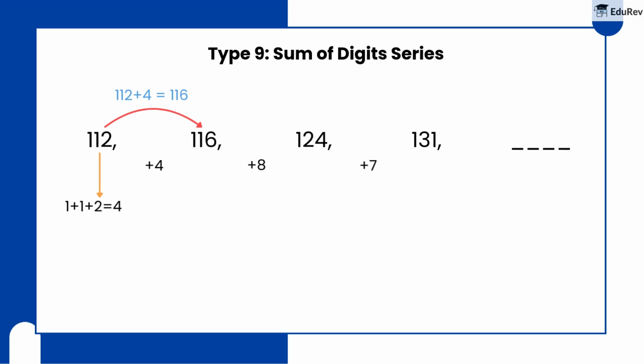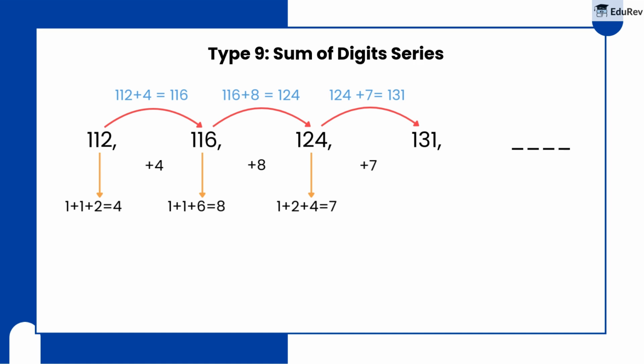Take the second term, 116. The sum of its digits is 1 plus 1 plus 6 equals 8. Let's add that to 116. 116 plus 8 equals 124. That's the third term. It works again. So, the pattern is confirmed.